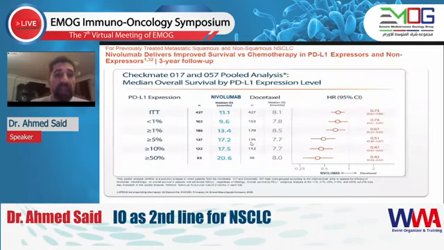As we see from the pooled analysis of CheckMate 017 and 057, the median overall survival per PD-L1 expression level all favors nivolumab rather than docetaxel, with hazard ratios ranging from 0.78 to 0.42, favoring nivolumab in all PD-L1 subgroups, whether low, more than 1, 5, 10, or more than 50, all in the intent-to-treat population. You can see here 11.1 months versus 8.1 months.